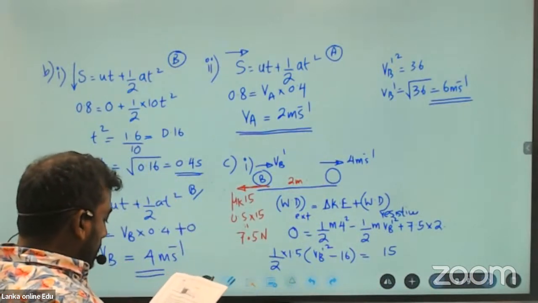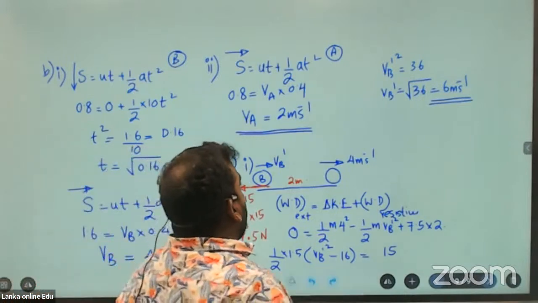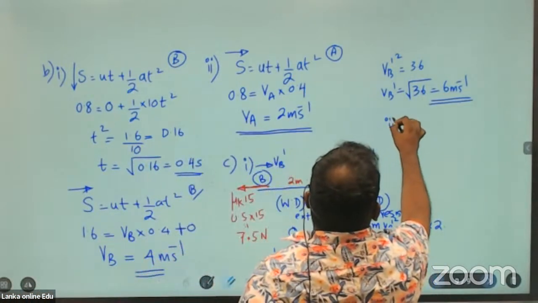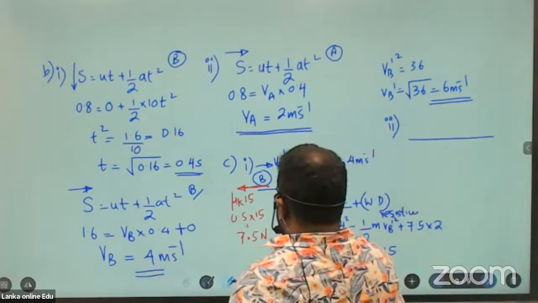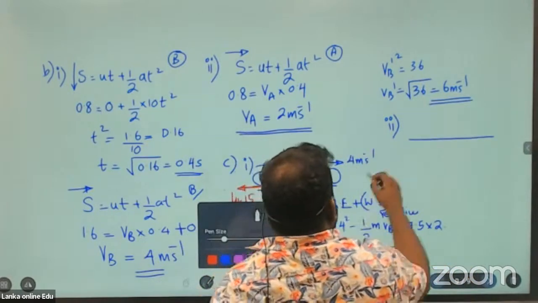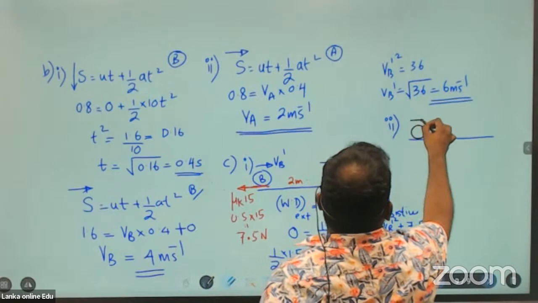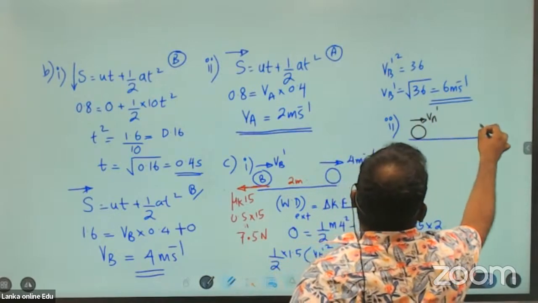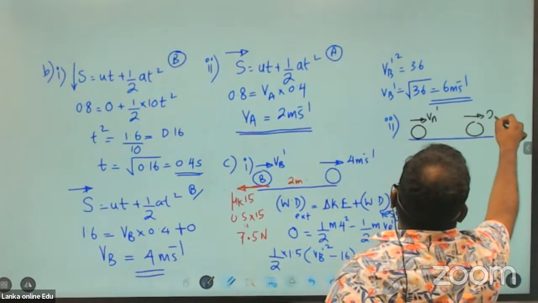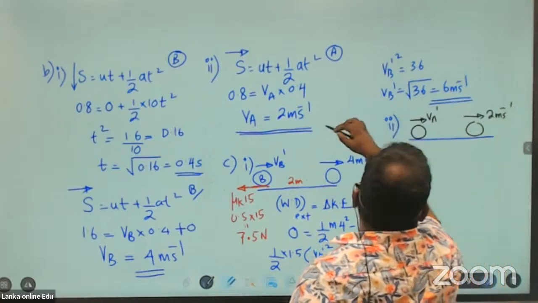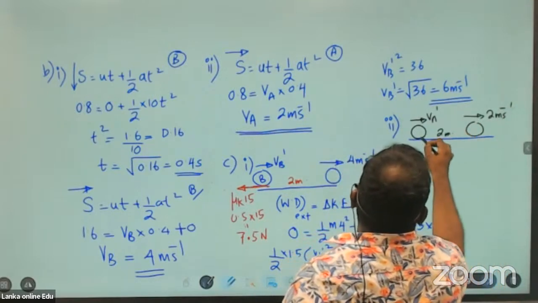Roman 2: what's the velocity of A just after the collision? Same theory, but different mass. vA dash, moving out at 2 meters per second, distance travelled 2 meters.